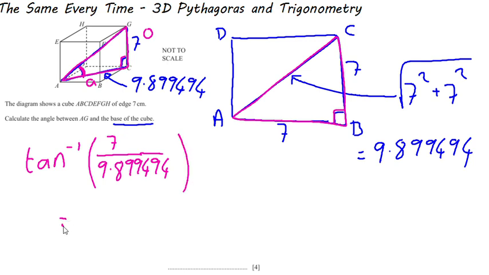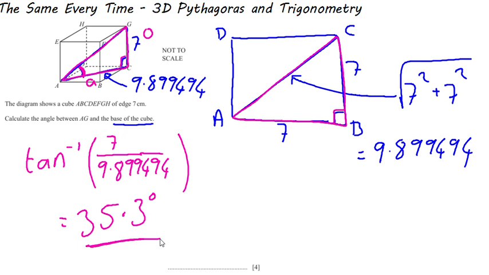That answer should still be on your calculator screen, so you can just use the answer function on your calculator. So inverse tan of 7 over Ans, and I've got 35.3 degrees. I'll give that to 1 decimal place. There you go, that's the end of the question.